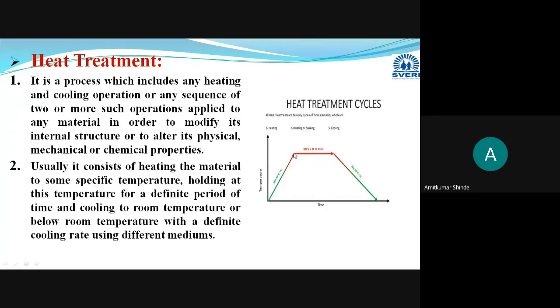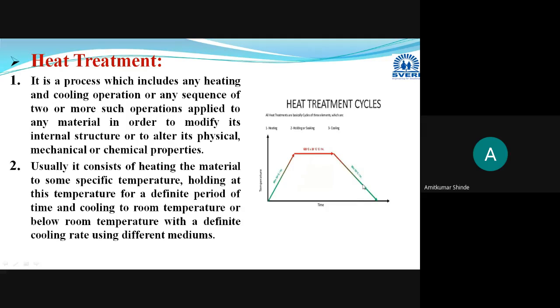Here this first inclined line, increase in temperature, is the heating cycle. We are heating the material. Then after that, one horizontal line, we are keeping the temperature constant for a definite period of time. This is the holding cycle. And the last one, we are doing the cooling.